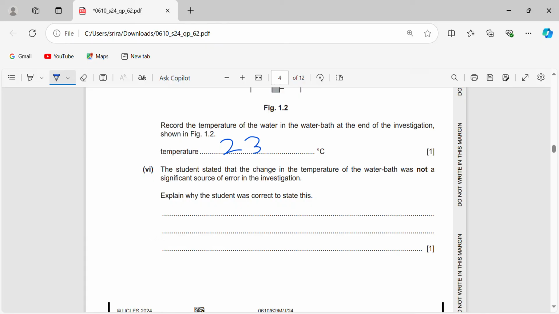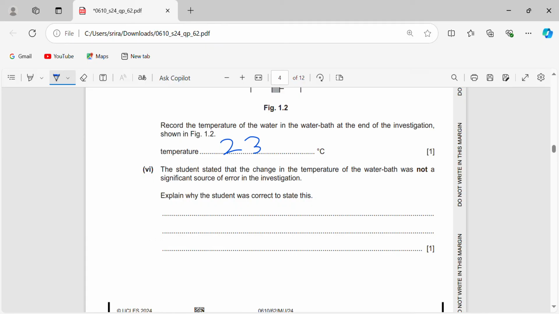So a change in temperature is actually going to affect all 3 test tubes the same way. So that's why he's actually correct to be stating that. Let's say each of them are in a different heating bath or something, then one of them being a different temperature obviously would be a significant problem. But here, where we have all 3 test tubes in the same water bath, having a change in temperature is not actually going to affect it much.